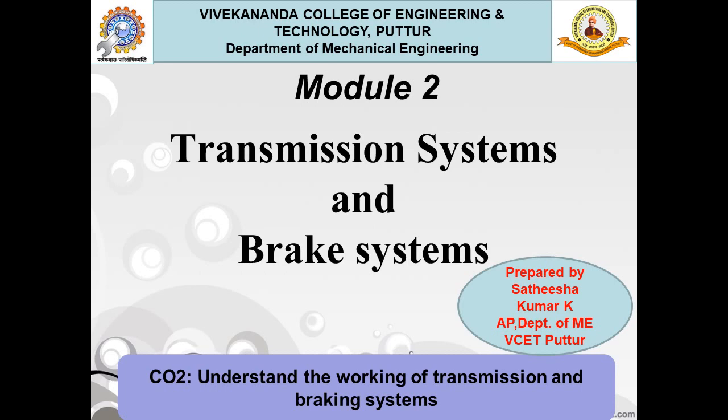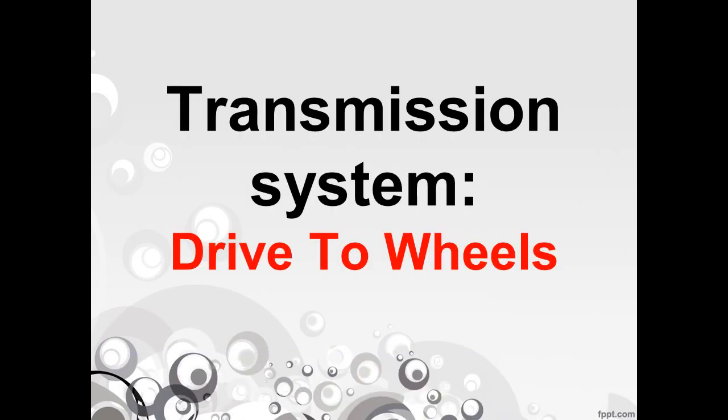Let us go for the drive to wheel chapter. This chapter describes the purpose, construction and operation of drive lines, which includes driving connection between the transmission and driving wheels.